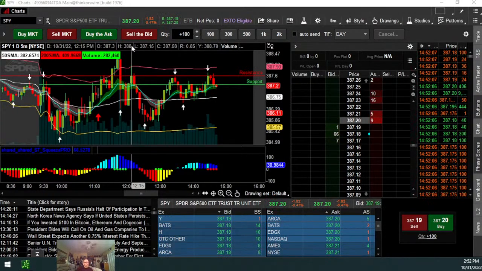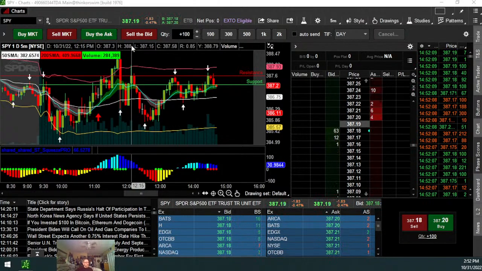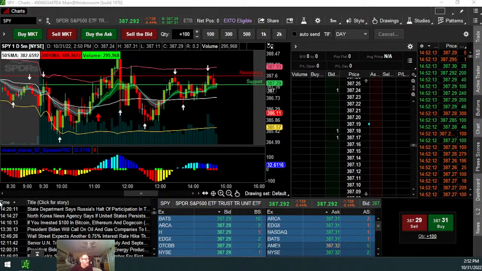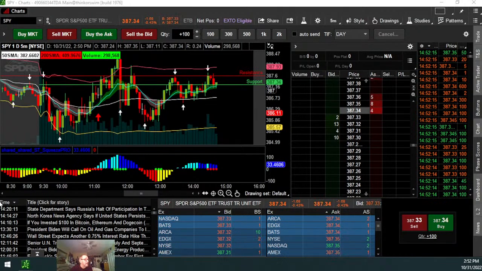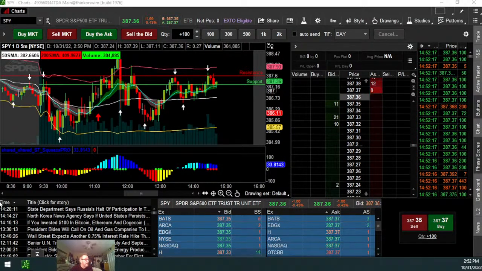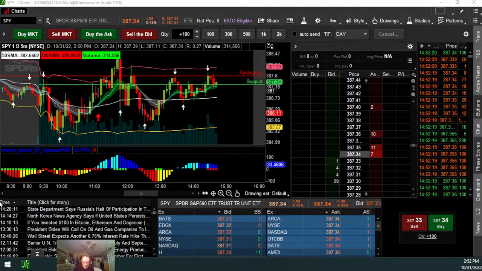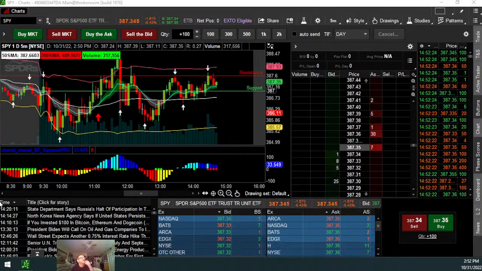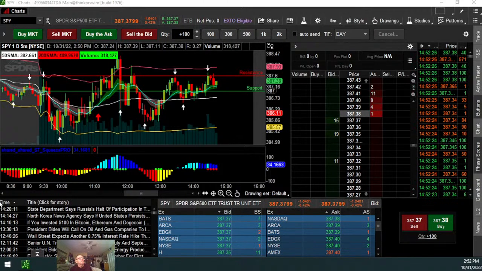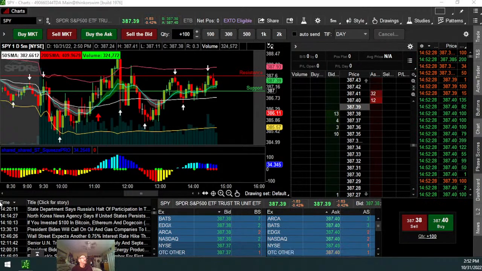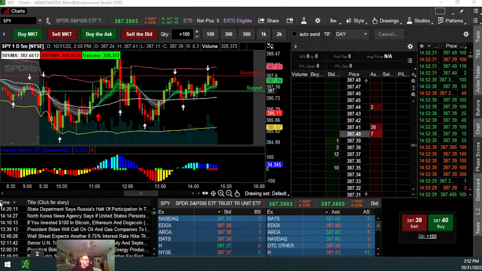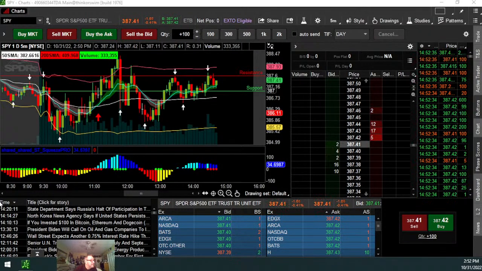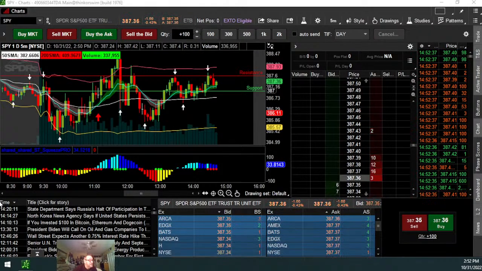We're on the... Let's see what happens. Our supports come down. $387 support. 387 support. Not really. 387.10. There it goes back up, but she already got rid of it.